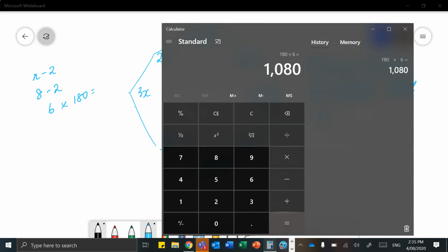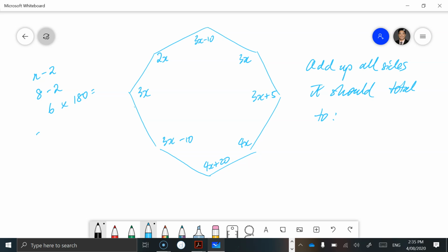So 180 multiplied by 6, the total sum is 1080 degrees. We're going to use algebra to add up all of these expressions and set them equal to 1080. So let's quickly do this.